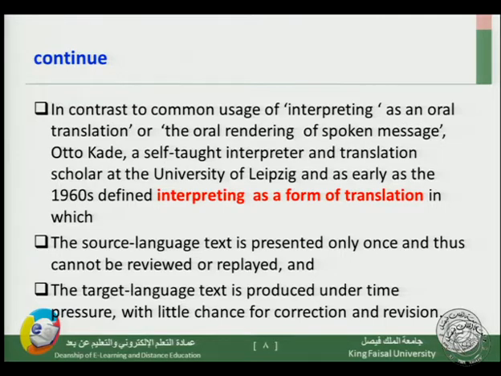The second one, the target language text is produced under time pressure. When you are trying to produce the English version or the Arabic version, you are under a lot of pressure. Time. You cannot, for instance, say, oh, I need 15 minutes to translate this sentence. Let me check it in the dictionary. No, you cannot do that. So you don't have time to correct or revise and so on. So this is what makes interpreting different.